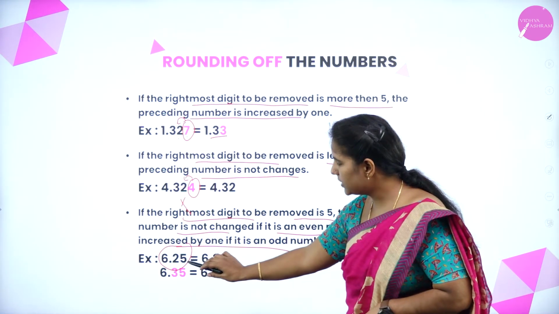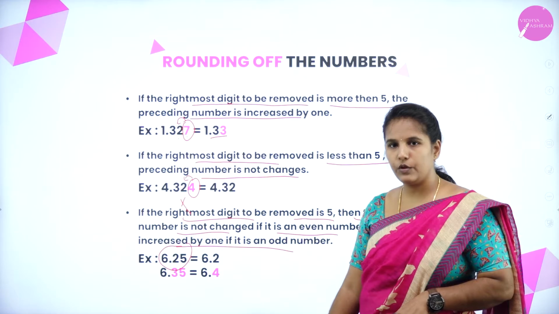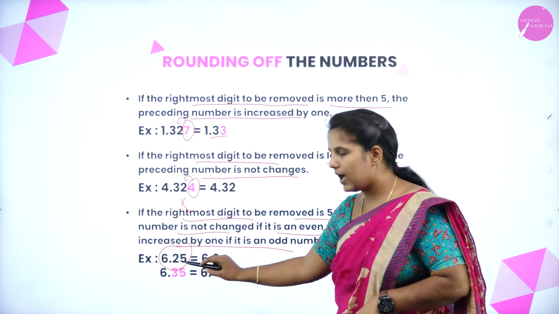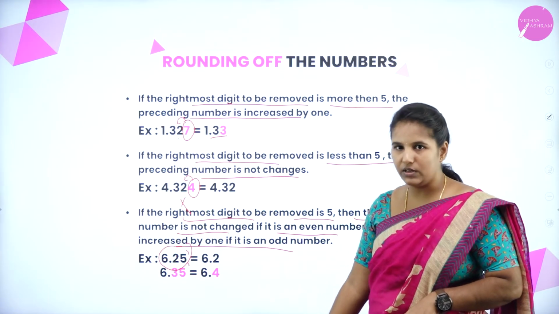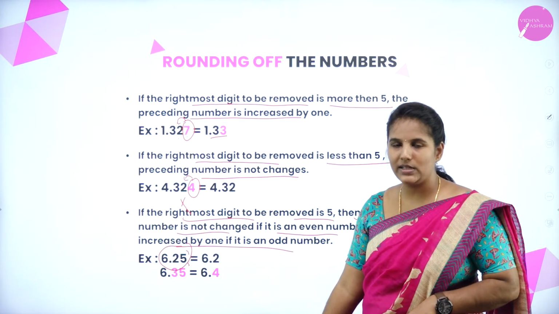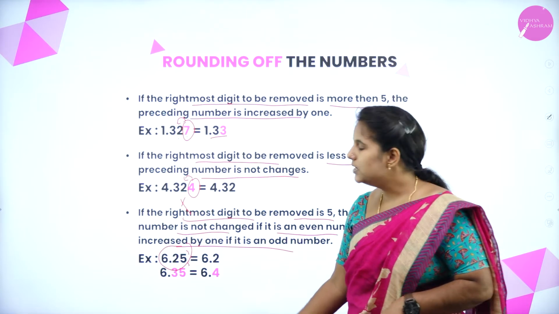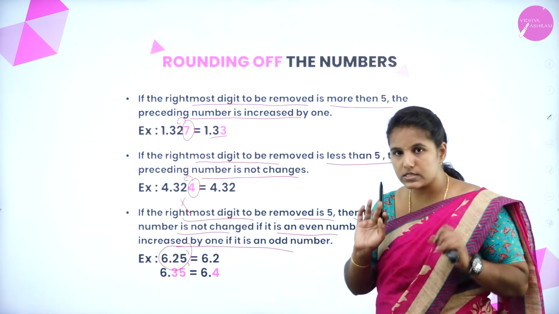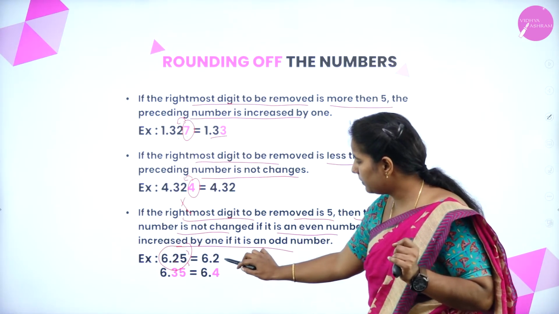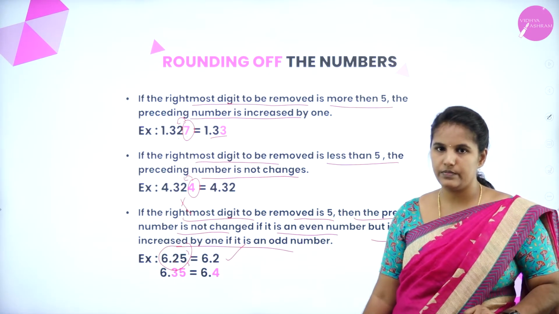You are removing the last number, 5. If you remove the last number, the next number is 2. That is an even number. That is 2, 4, 6, 8, 10, the even numbers, right? So if it is an even number, it should not be increased by 1. We have to report the result as it is.